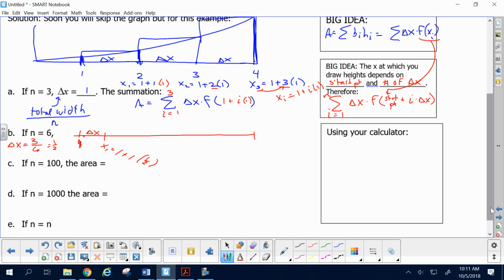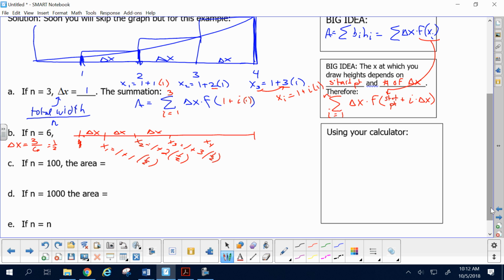You follow? The second x at which I draw a height, well, I'm going to go over another delta x, so that would put me at a starting point of 1 plus 2 delta x's, or 2 half-segment chunks. If I go over another delta x, then x3 would be 1 plus 3 delta x's, or 3 halves.